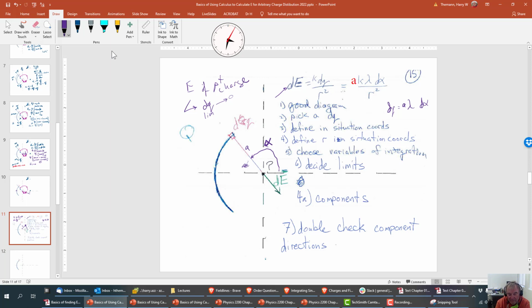So there's some sort of back and forth on that. Then you have your limits, and then as we did, we just double checked our diagram, the way we defined the angles, and then we want to define the components and such. So yeah, you have to go back and double check.